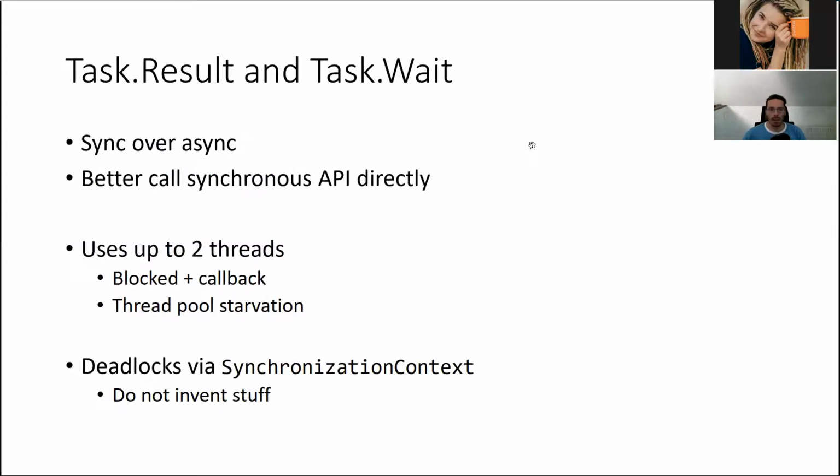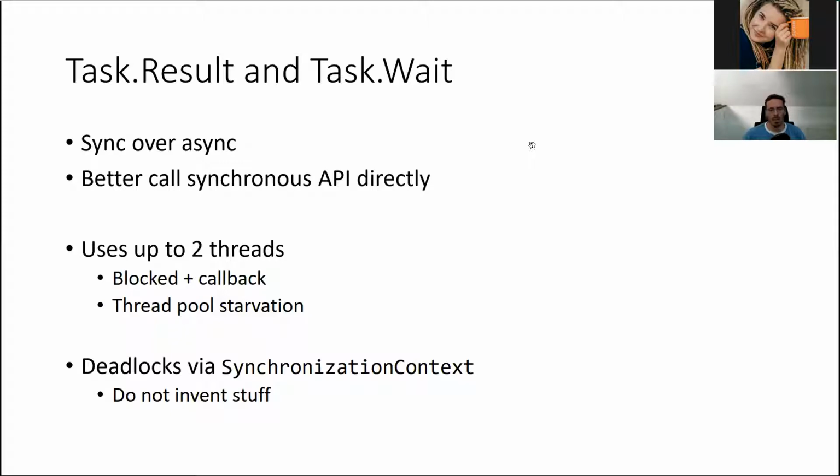Especially with the blocking, it's bad. Oftentimes you can see task.Result and task.Wait being used somewhere. It's sometimes called sync over async. So you are creating a synchronous operation over an asynchronous one. That's not a good way to do it. It's better to call the synchronous API directly if it exists, and it probably should exist. Because if you call task.Wait, it can use up to two extra threads.